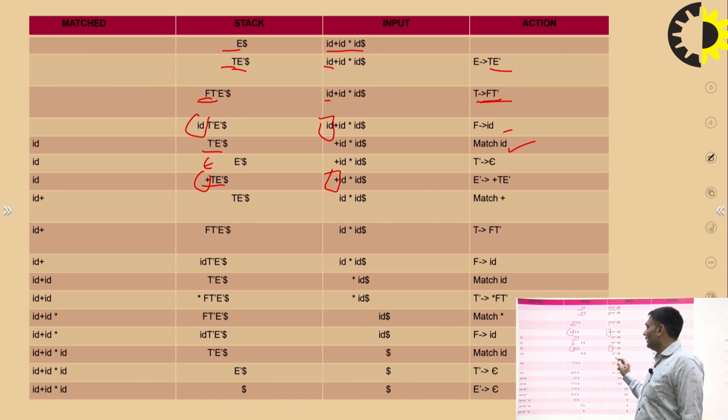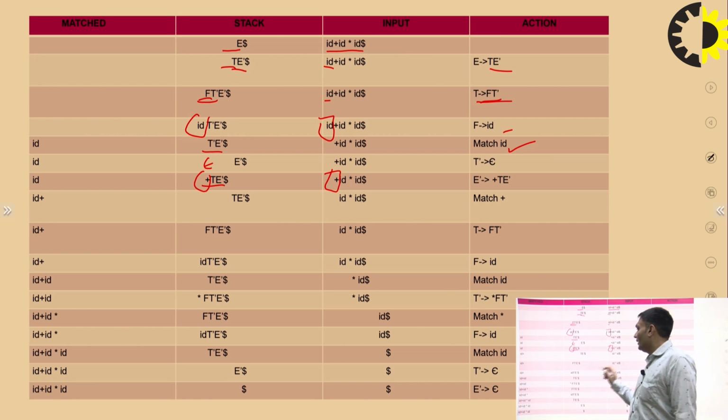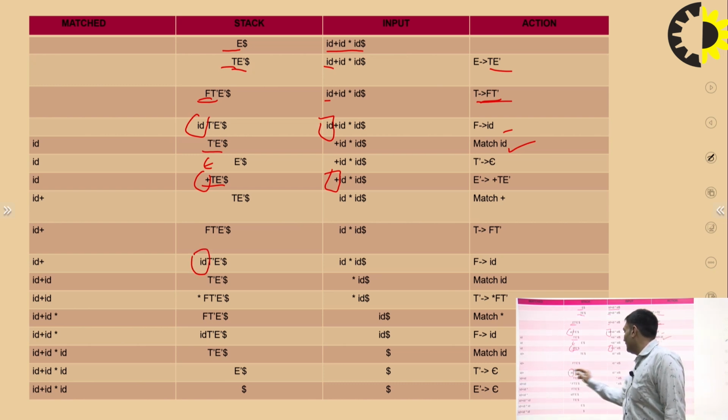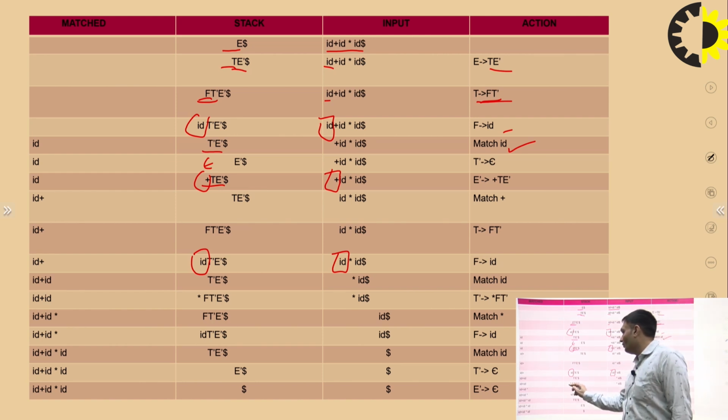Then in a similar manner, T to FT dash will apply. Here we write in reverse order. For F, there is a rule F to id, then id and id match, and this is popped out. Here T dash on star, there is a rule with star, we write it in reverse order, then star matches here.